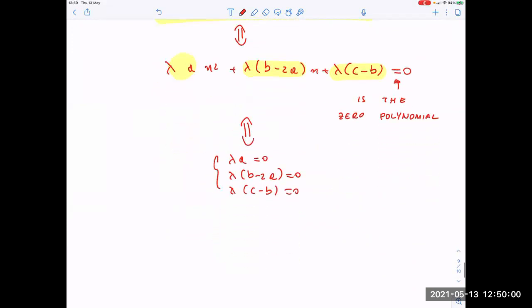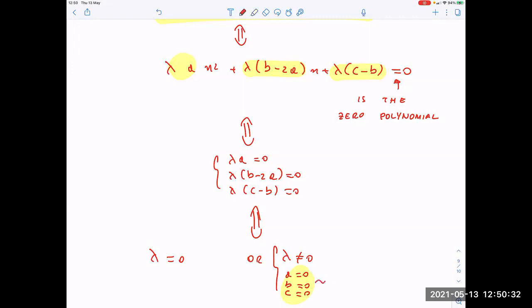And you see, this happens if and only if lambda is equal to 0, or lambda is different from 0 and a is 0, b is 0, and c is 0. So if lambda is different from 0, you get the 0 polynomial, which cannot be an eigenvector.